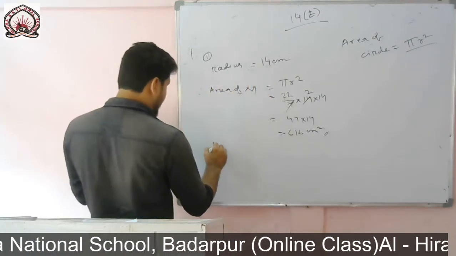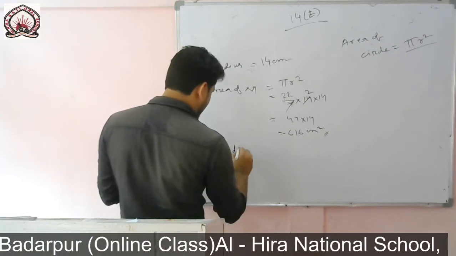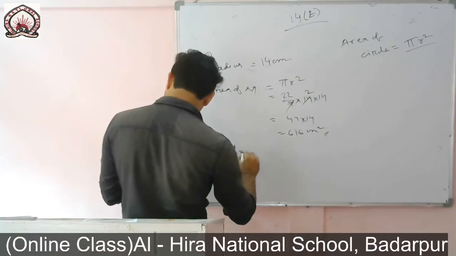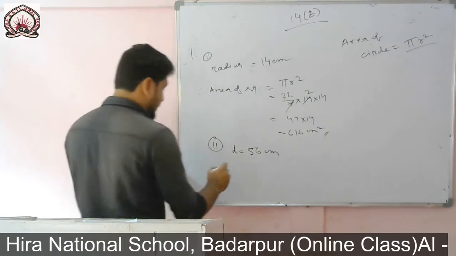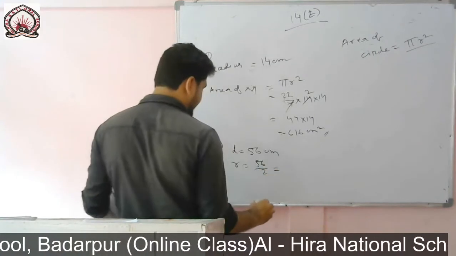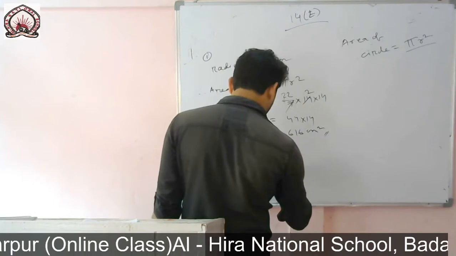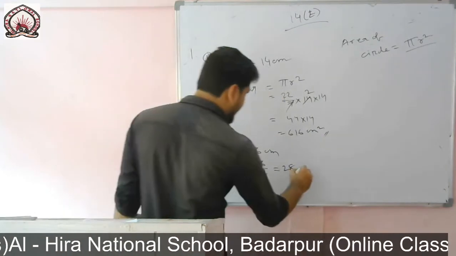Number 2 you can also do. Here the diameter is given, so first find the radius. d equals 56 centimeter, so r will be 56/2, so 28 centimeter.